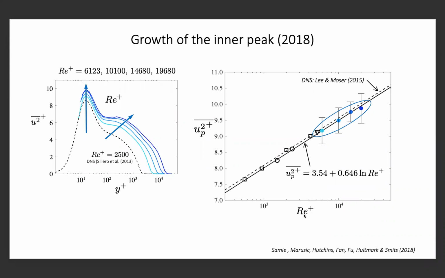And we can see that there is a monotonic semi-log increase in that peak value with Reynolds number. And it agrees very well. Experiments agree very well with the DNS in that respect. So we're pretty confident about that result. Now, it's not growing as fast as it should, according to the attached eddy model, but that's something that we need to think about a little more.